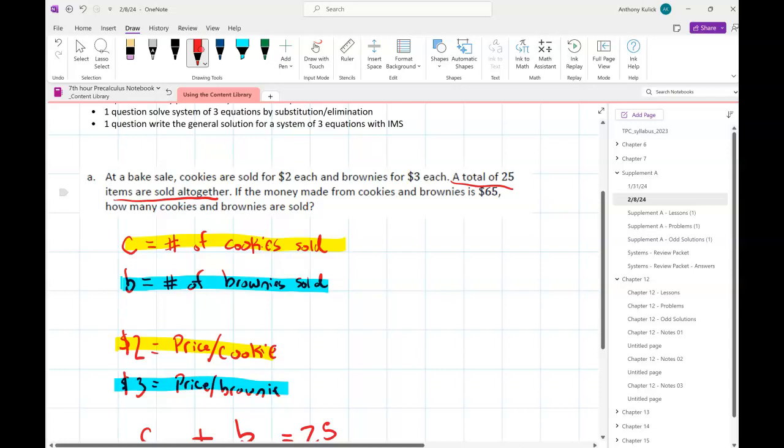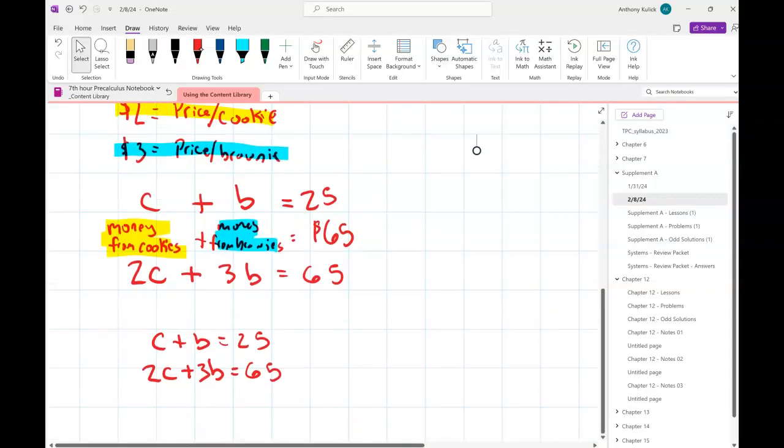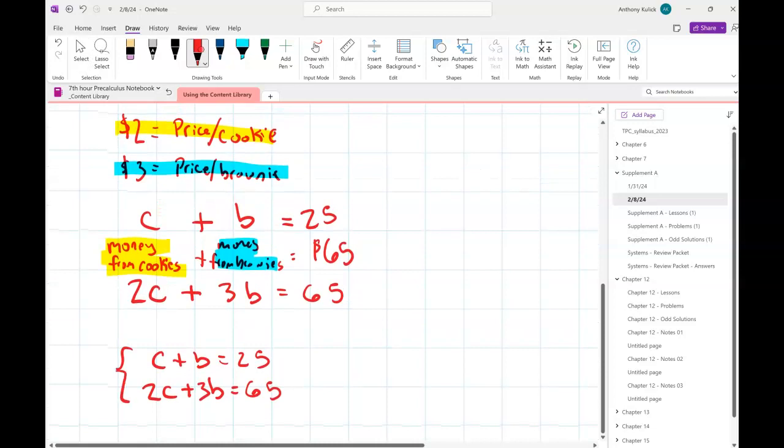So why did it change to 65? Because the next sentence says the money made from cookies and brownies is 65. So is it a different equation? Yes. As soon as I read that I have 2 variables, cookies and brownies, I'm going to have 2 equations.